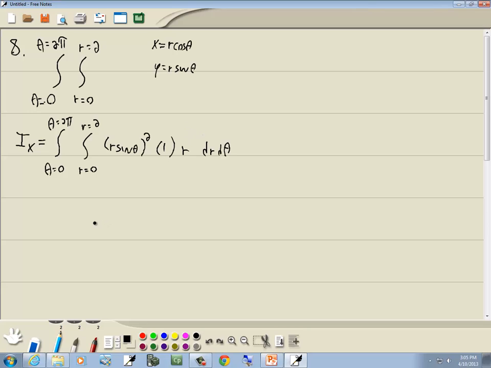If I can do this real fast, I'll skip some steps. Theta is equal to 0 to theta is equal to 2 pi. So this gives us r squared sine squared. So we got r squared times r, which is r to the third.